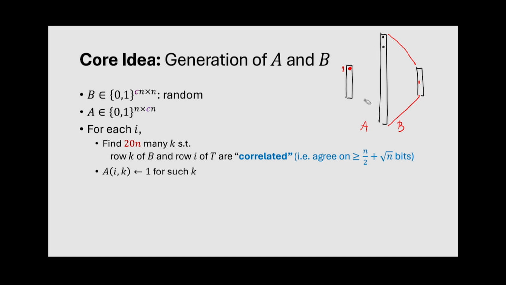And how do we do it? At the end I will connect to exactly 20n many neighbors here. I will find 20n neighbors. And how? I'm going to find a node K here.